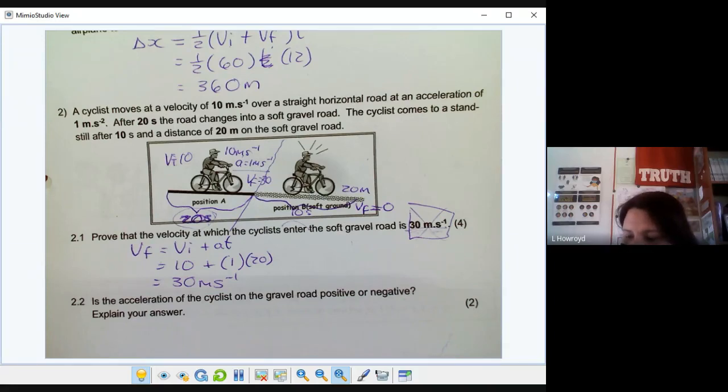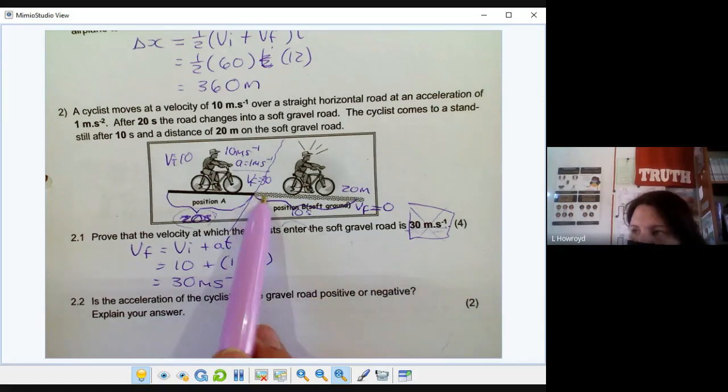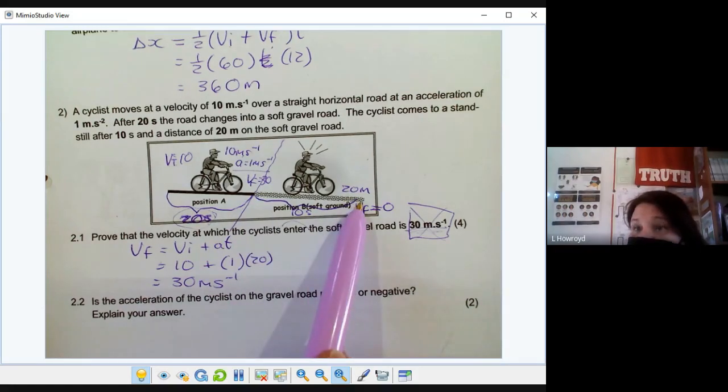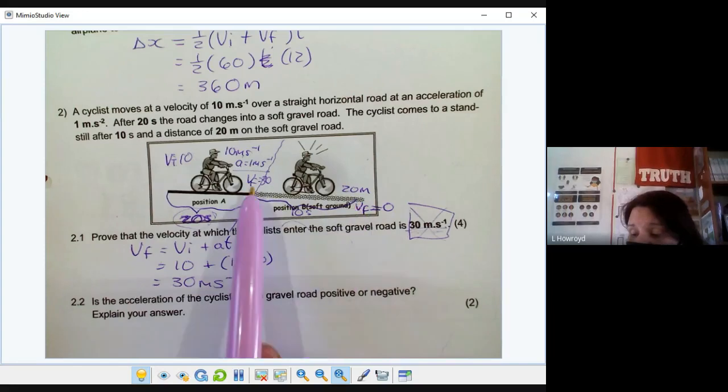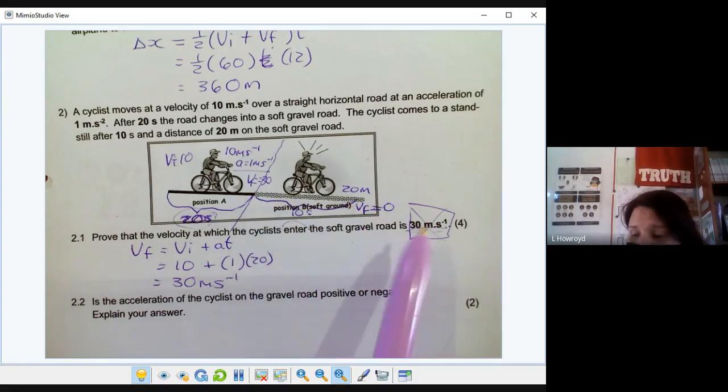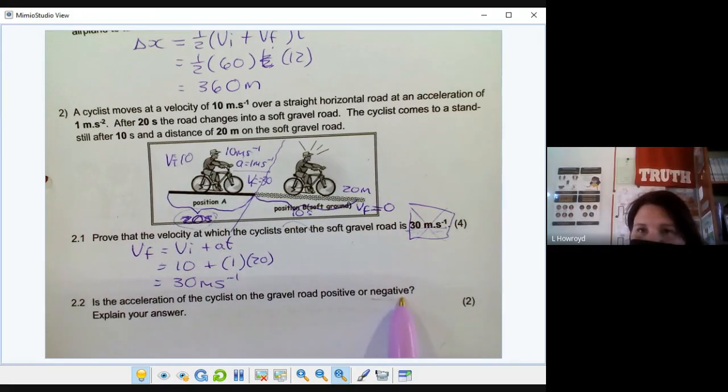Is the acceleration of the cyclist on the gravel road positive or negative? What is he doing as he enters the gravel? He slows down. It also says that he comes to a standstill. So he slows down, and that is a negative acceleration because he is decelerating.